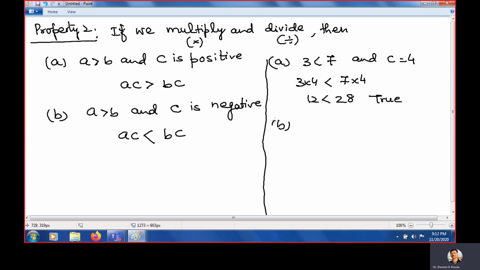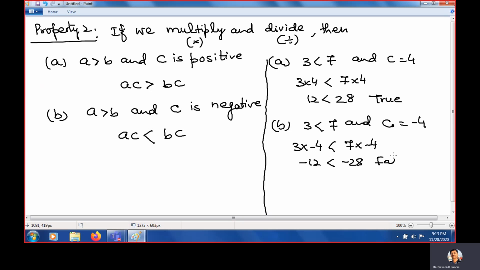Clear? B. 3 is less than 7 and C equals negative 4. So 3 times negative 4 less than 7 times negative 4. 3 times negative 4 is negative 12, less than 7 times negative 4 is negative 28, and this is false.